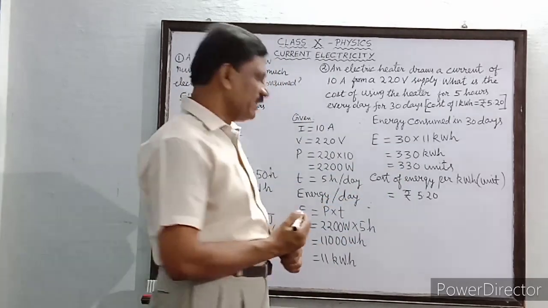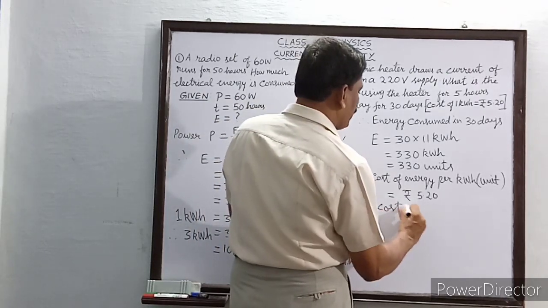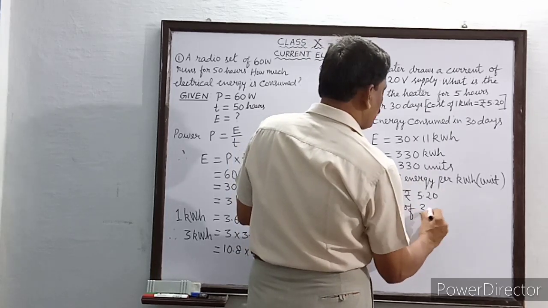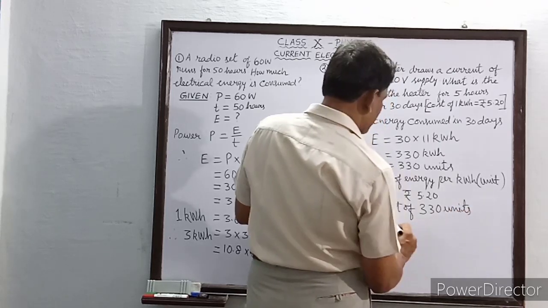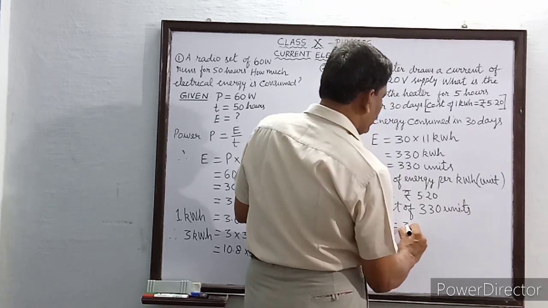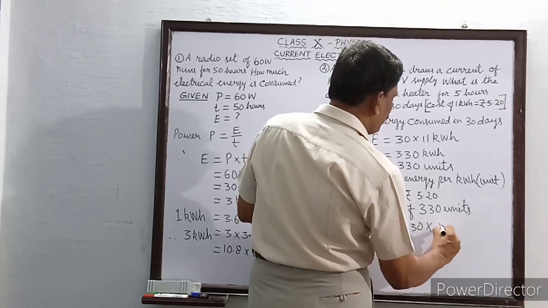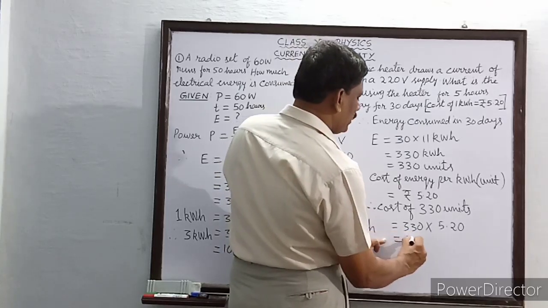Yes, 330 units. Therefore, the cost of 330 units is equal to 330 multiplied by 5.20. So this is equal to what?